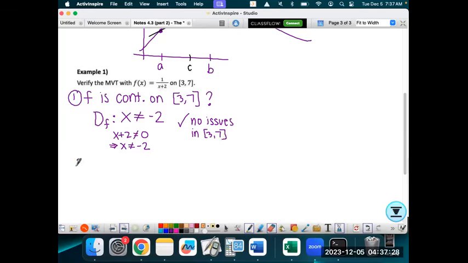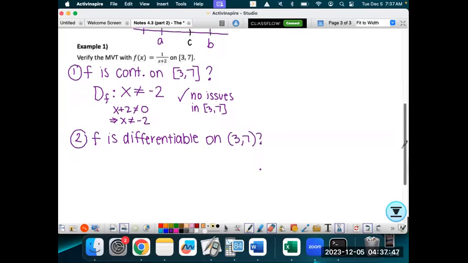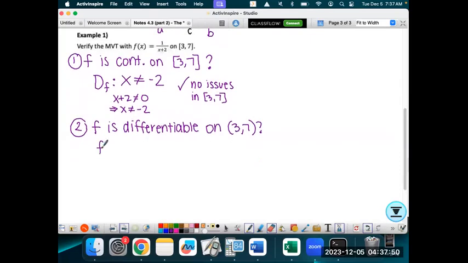Let's go ahead and see if our function is differentiable on our interval, which just again means is our derivative continuous on that interval, but the open one. So we'll figure out the derivative first and then get its domain. Low d high, derivative of the numerator, which is 1, is going to be 0, minus high d low over the square of what's below.